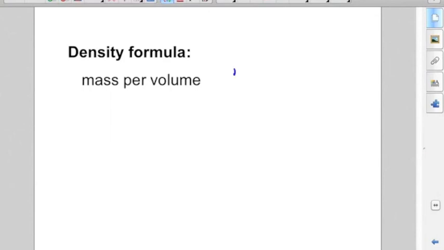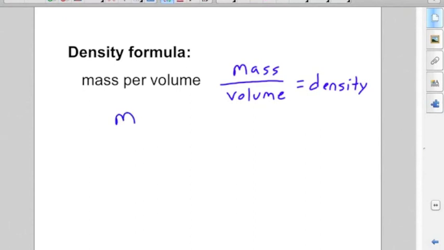That's right, it's mass divided by volume is density. When we abbreviate, mass is capital M, volume is capital V, and density is capital D.